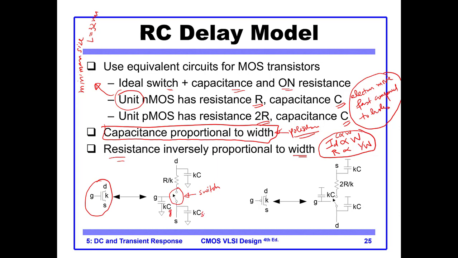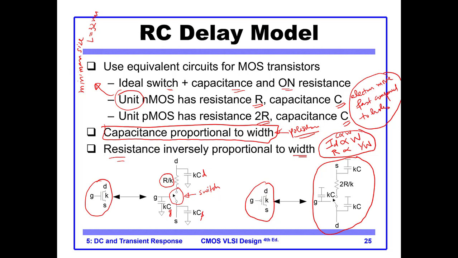We have a capacitance at the source, we have a capacitance at the drain, and we have an on resistance that is R by K. Similarly, for PMOS, we have this circuit.